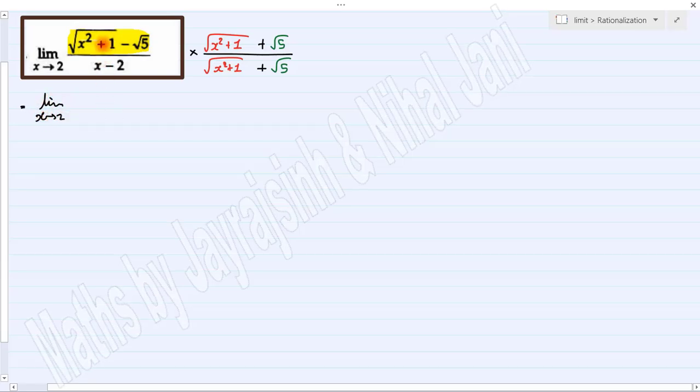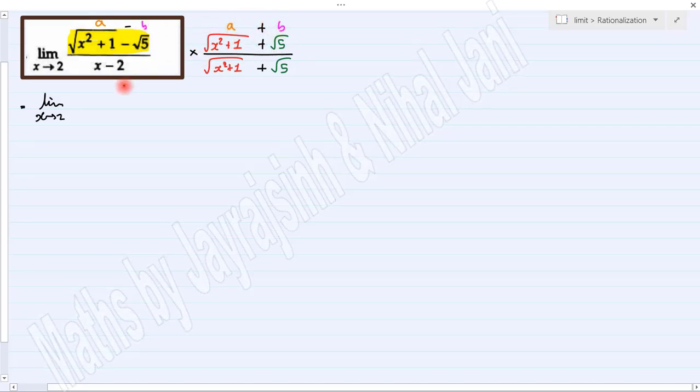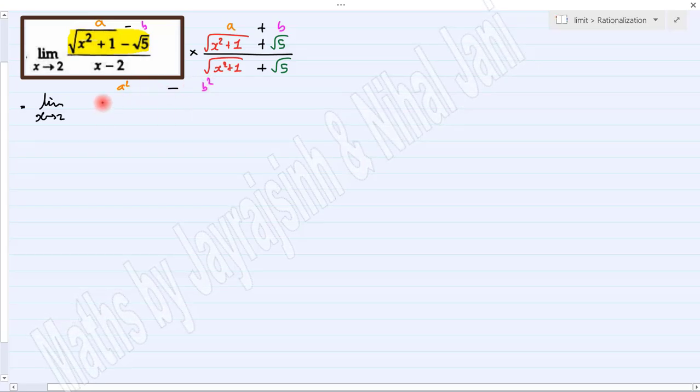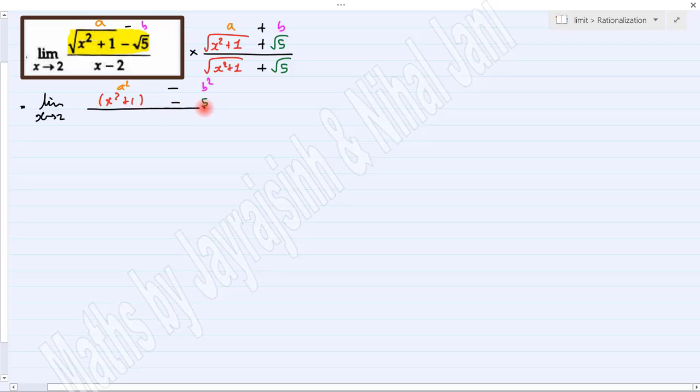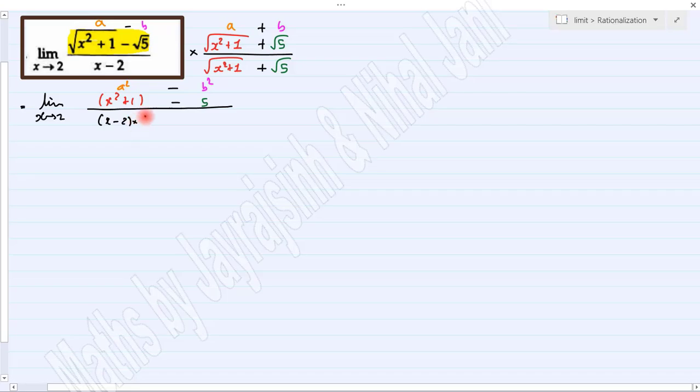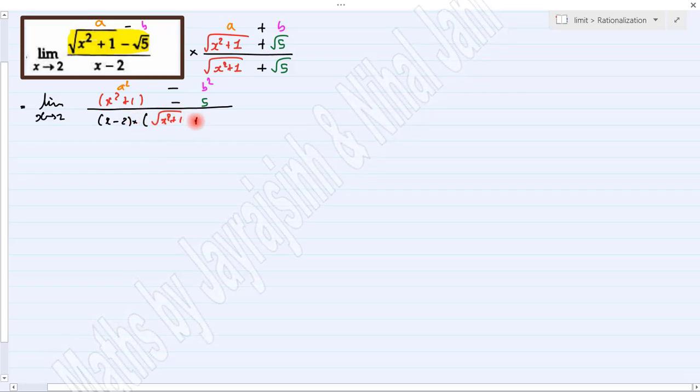In numerator we have a minus b into a plus b form, which will become a square minus b square. So we will get x square plus 1 minus the square of root 5, which will be 5, whole divided by x minus 2 into root x square plus 1 plus root 5.